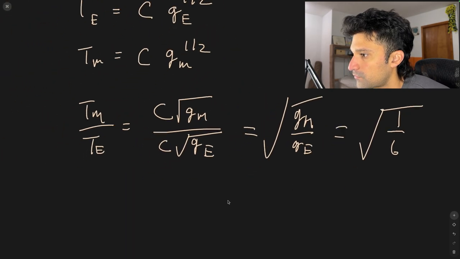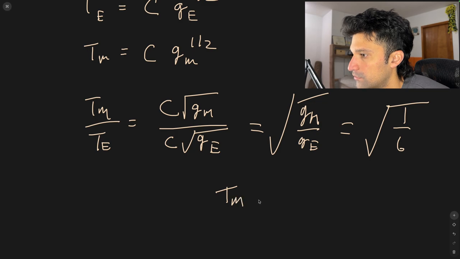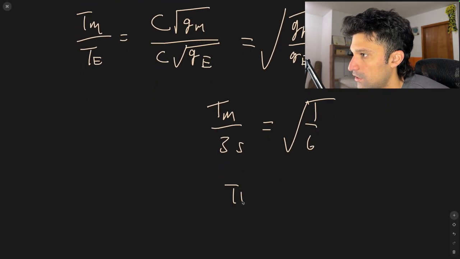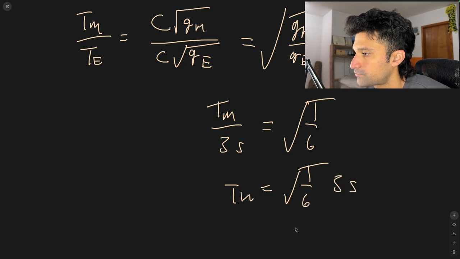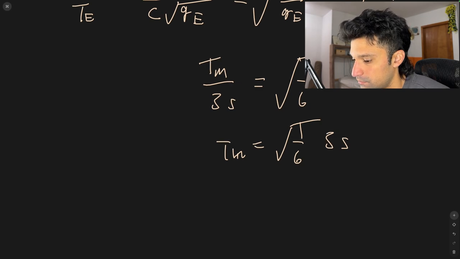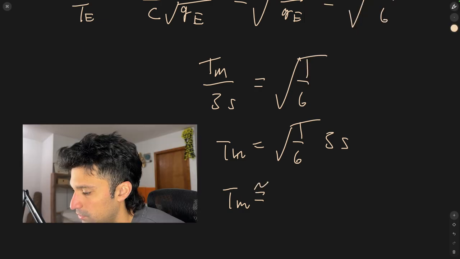Okay. So Tm over 3 seconds is the square root of 1/6. So Tm is the square root of 1/6 times 3 seconds. Okay. So that makes about 1.22 seconds.